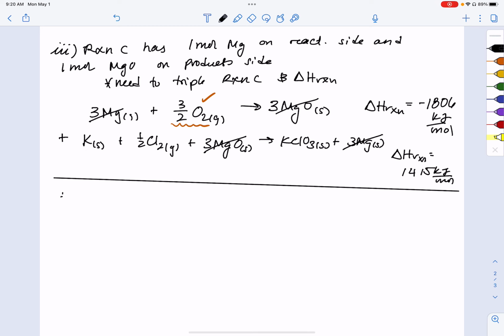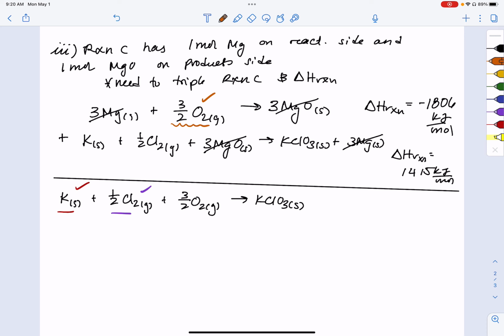So this leaves behind solid potassium plus 1/2 Cl2 plus 3/2 O2 going to KClO3. I've got my 1 mole of potassium, my half a mole of chlorine gas, my 3/2 moles of oxygen gas, and I've also got my 1 mole of KClO3 solid.